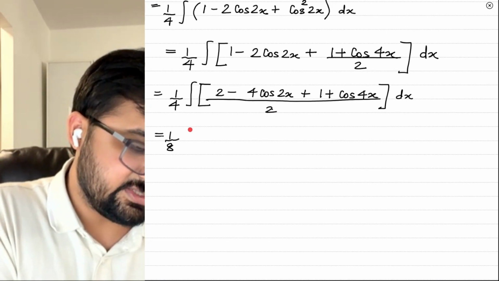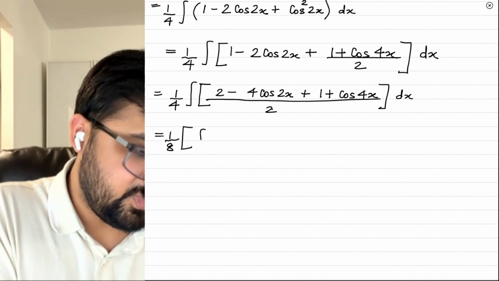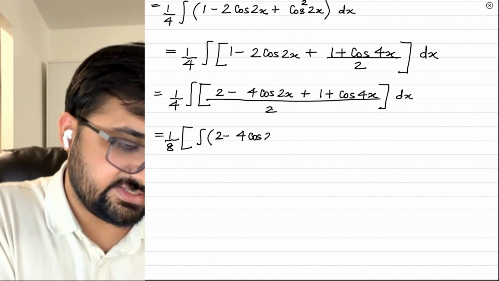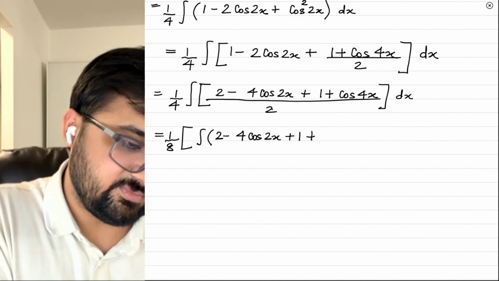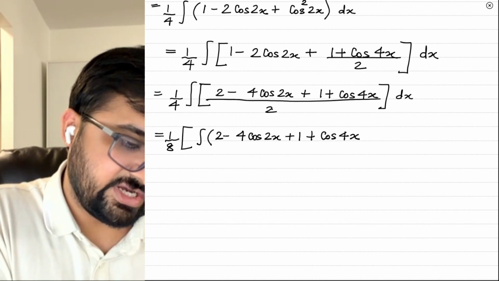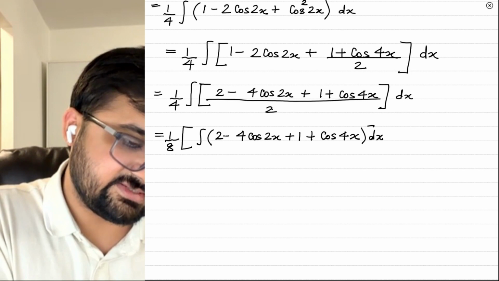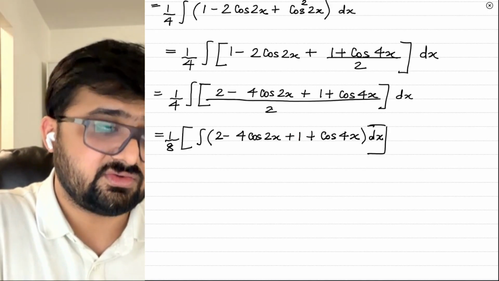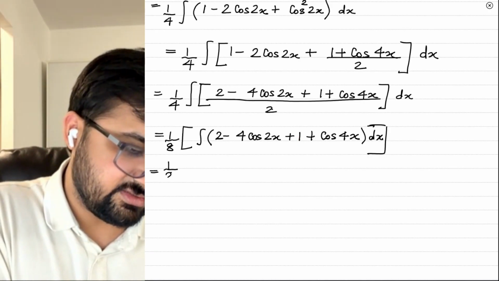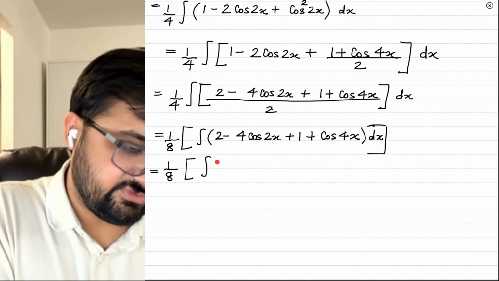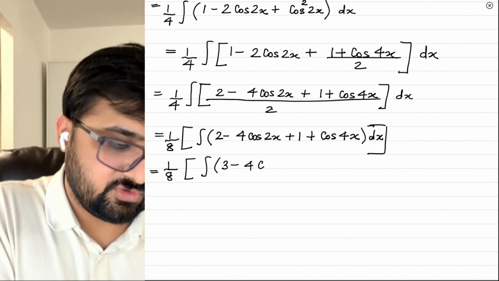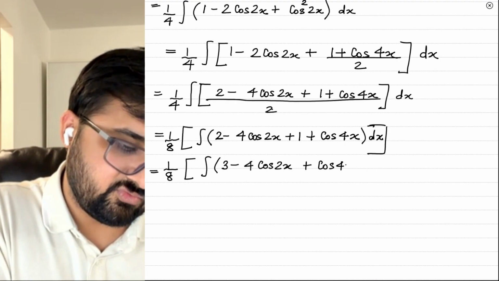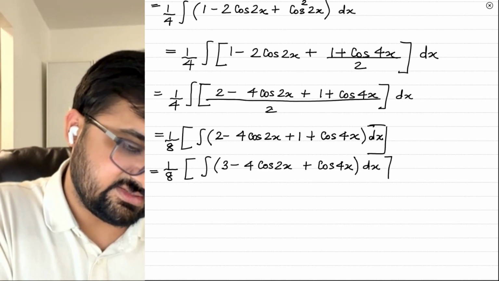So 1 by 8, open the bracket, integration of, you're left with 2 minus 4 cos 2x plus 1 plus cos 4x with respect to x, and close the bracket. Now that 2 plus 1 is 3. So that will become 1 by 8 integration of 3 minus 4 cos 2x plus cos 4x dx.